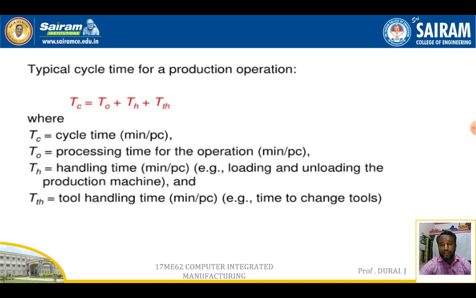Cycle time is represented as TC. TC is equal to TO plus TH plus TTH. TO is the operation time, or machining time, TH is the handling time, that means loading and unloading the components, and TTH is the tool handling time.